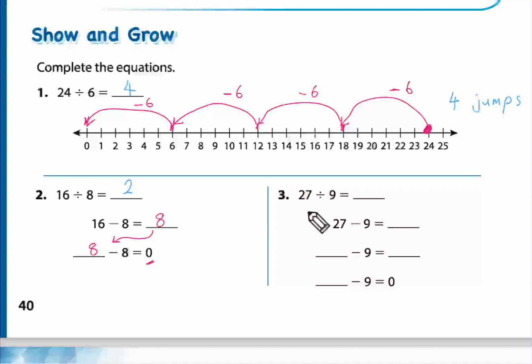Let's do the same. We need to divide 27 divided by 9. So we start with 27 and we subtract 9s. Okay, let's do it. 27 minus 9 equals, count my heroes, 27 minus 9 equals 18.